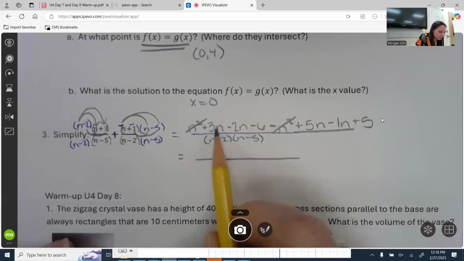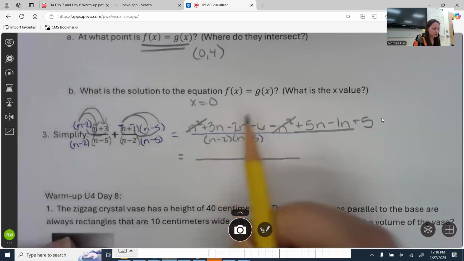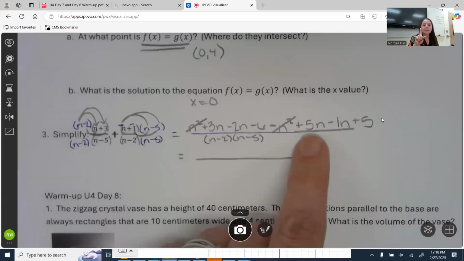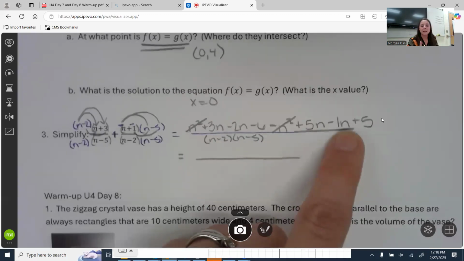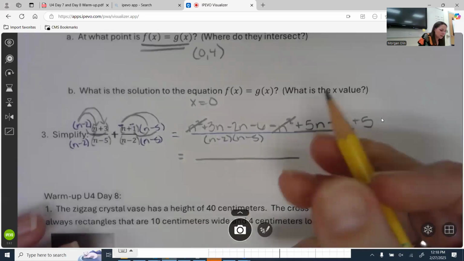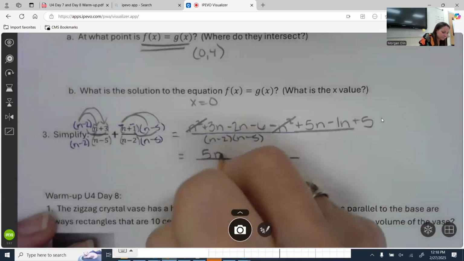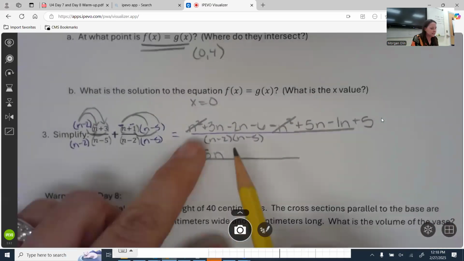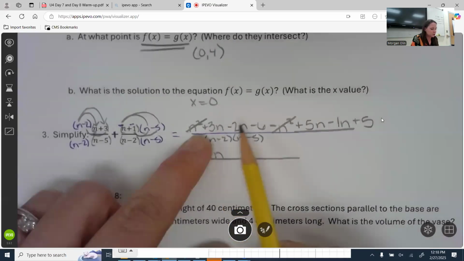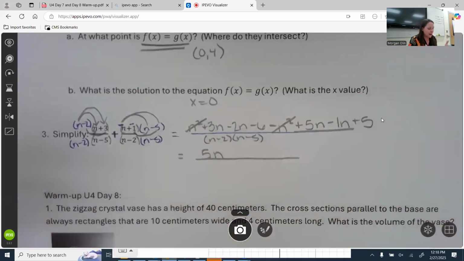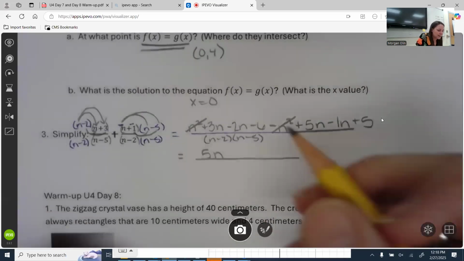Here, 3n minus 2n is 1n, plus another 5n is 6n. But then when I minus another 1n, I get 5n. Basically, if you took these numbers, 3, negative 2, 5, and negative 1, and added them together, that's what you end up getting, is 5, and you keep the n on there.